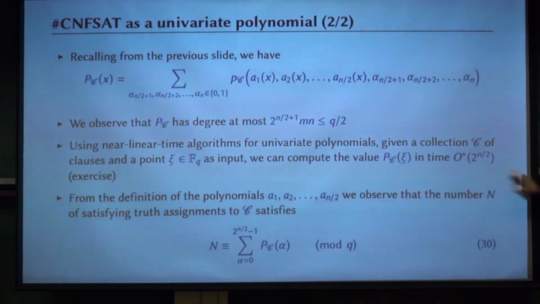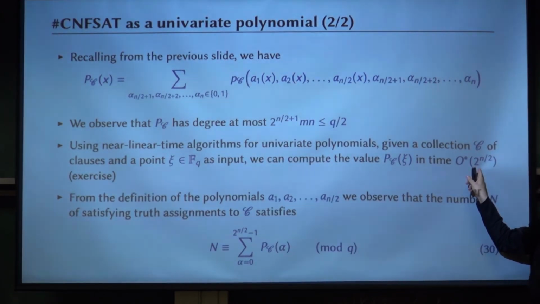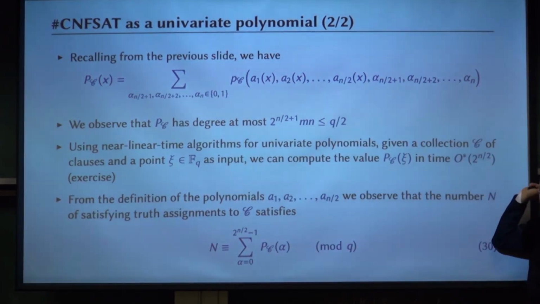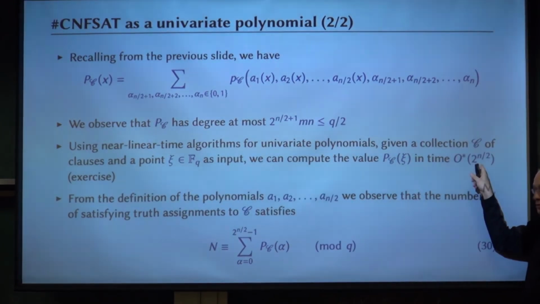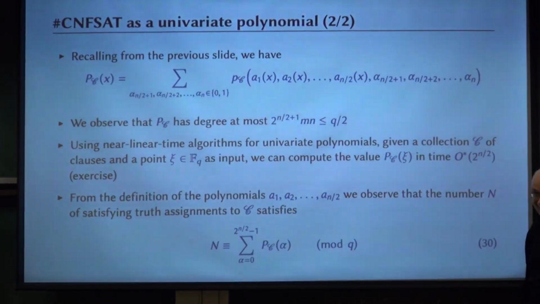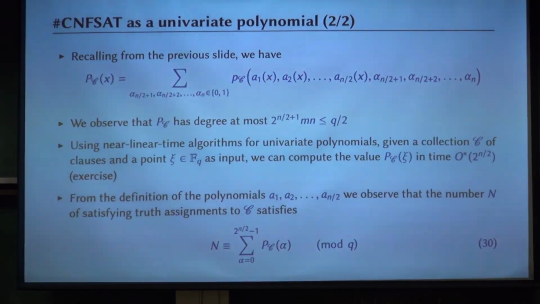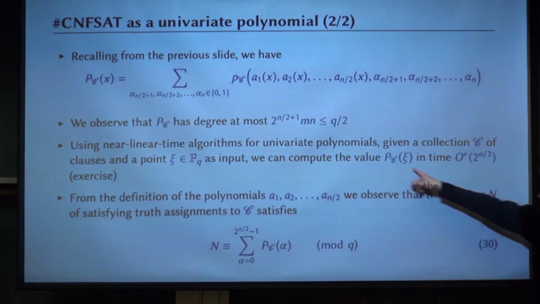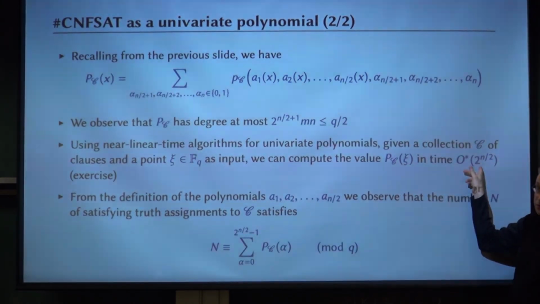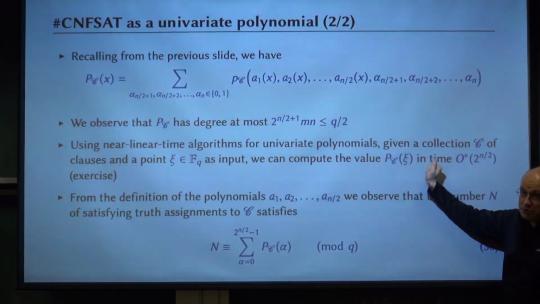And you need many of these evaluations to actually get the polynomial so that you can recover the coefficient representation. In fact, you need about 2 to the n over 2 evaluations, each of which costs this. But the proof itself is small. For a fixed point, an individual evaluation costs this. But of course, you can run this over and over again at distinct points.